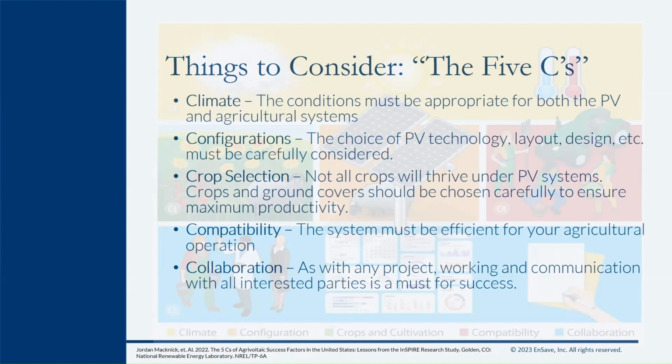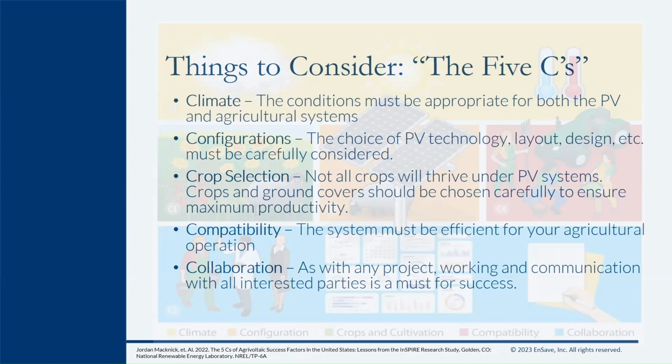So if you're growing, and this is going to be a little absurd, but if you're growing 40 acres of corn, the corn isn't going to necessarily like the shade provided by your agrivoltaic system. Not to mention the other issues that there would be with putting a PV system over a 40-acre corn patch. But just consider that climate and what your crop needs are.